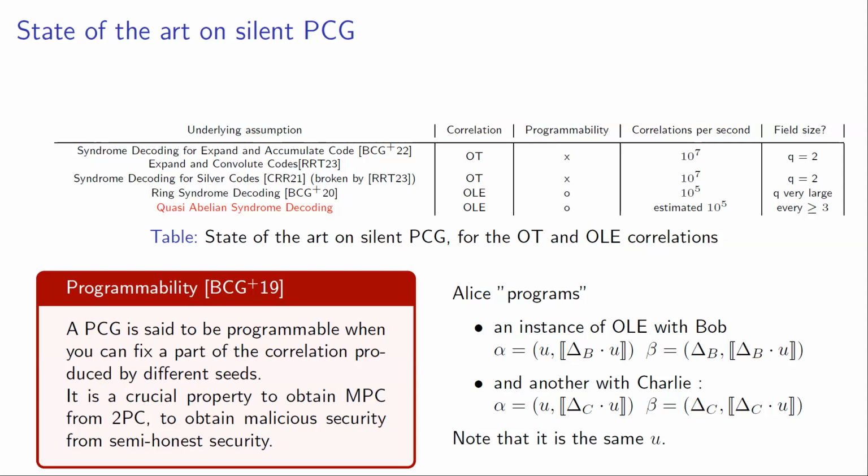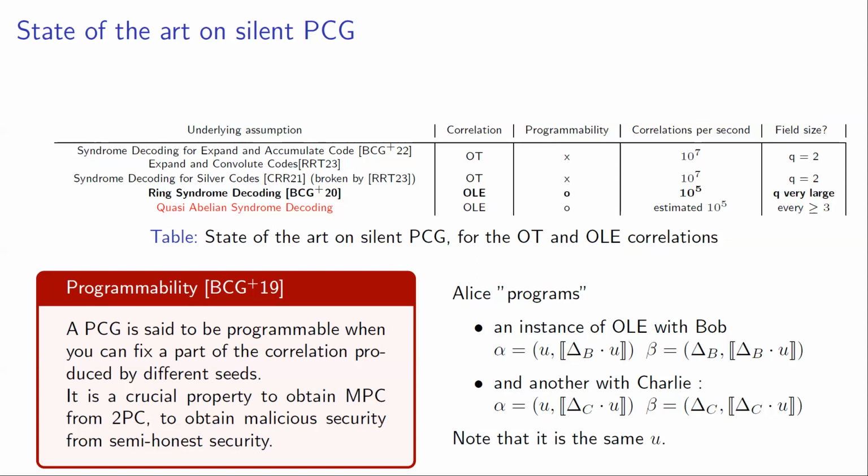For OLEs, the state of the art is a little less strong. The best work was done by Yevgeniy Dodis, based on ring syndrome decoding, but it suffers from a very bad limitation about the size of the field over which the OLEs were produced.